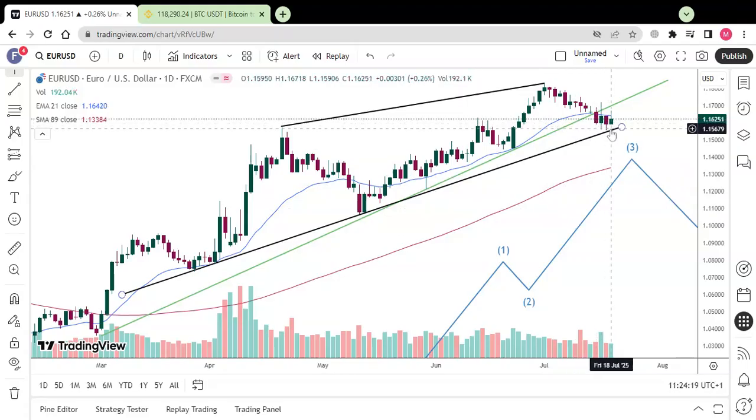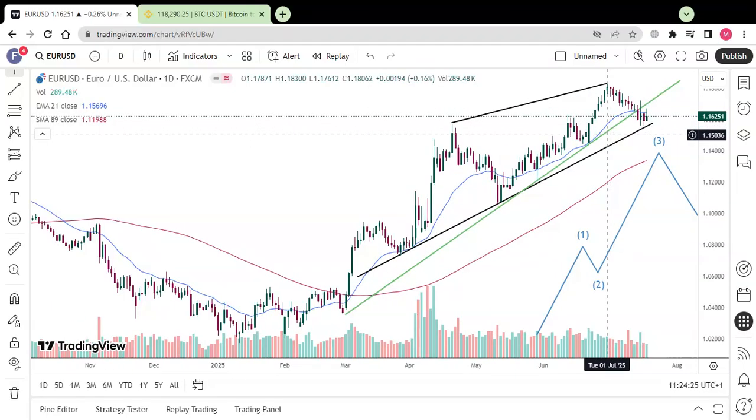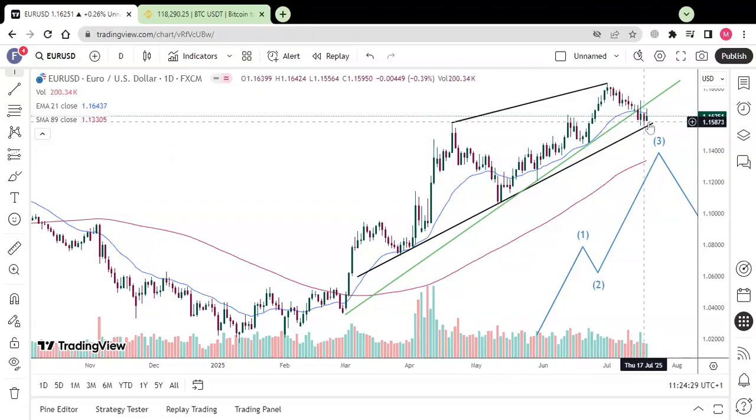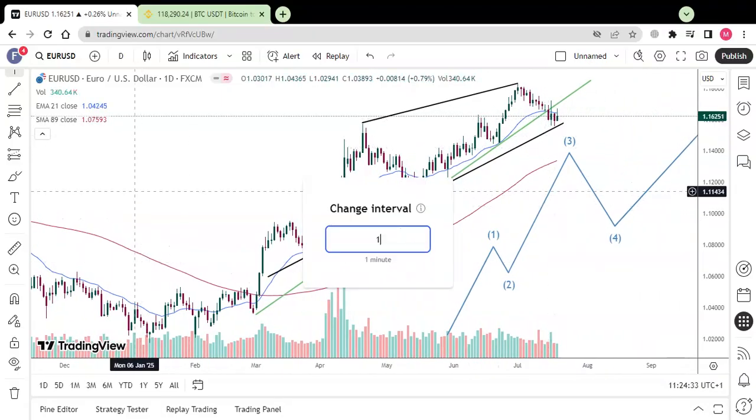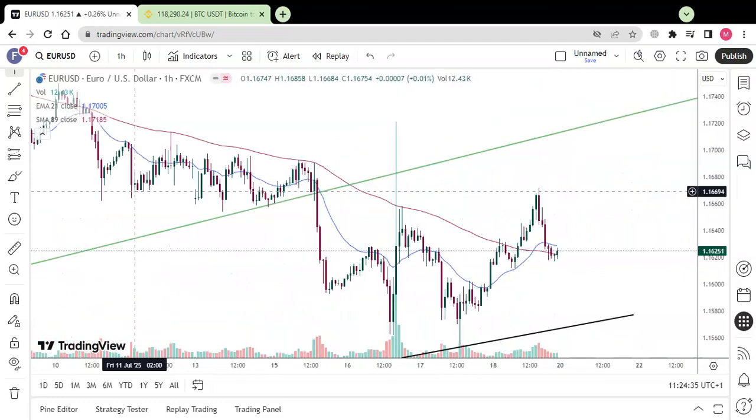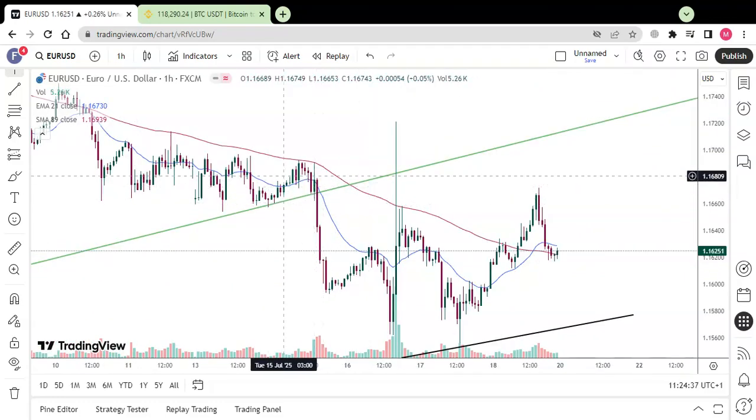What's happening here is very normal, because the price is between the green line and the black line. All right, so we are expecting the price to be a little bit choppy, and if I went even to the 1 hour chart, you will see that the price went parabolic.